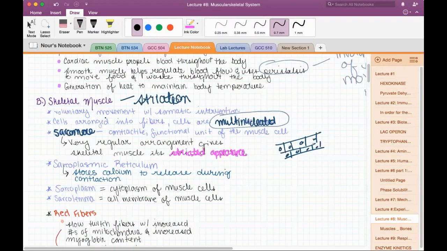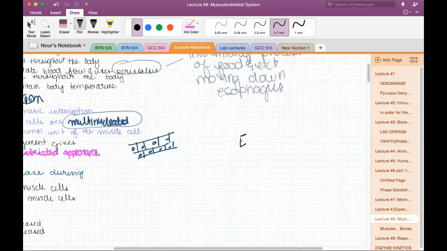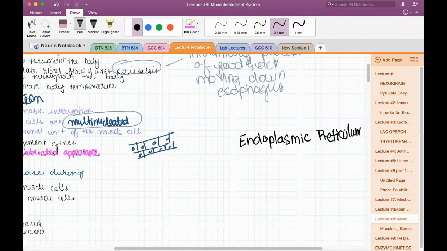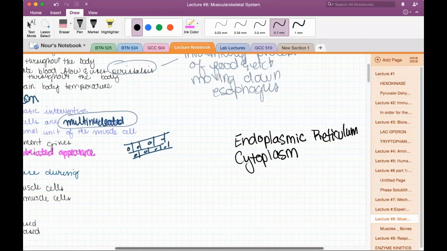And what's unique about the skeletal muscle is that each cell, you know how in the cell you have things like the endoplasmic reticulum and the cytoplasm and so on. Well, in a muscle cell, you call them different names because there are sarcomeres in them.